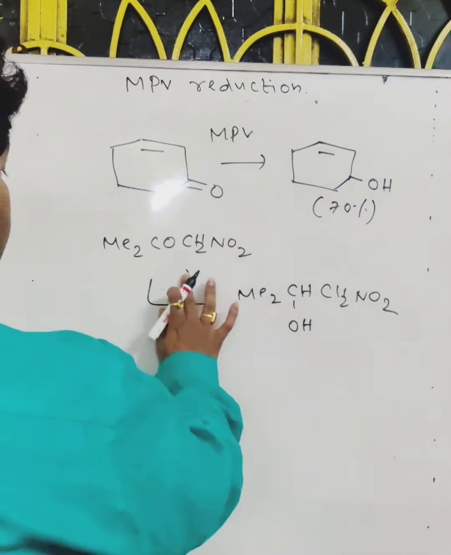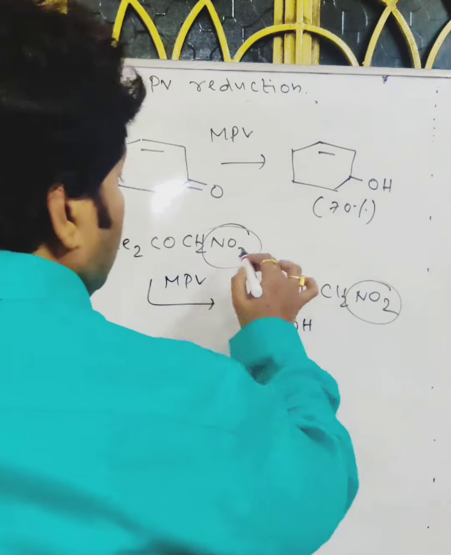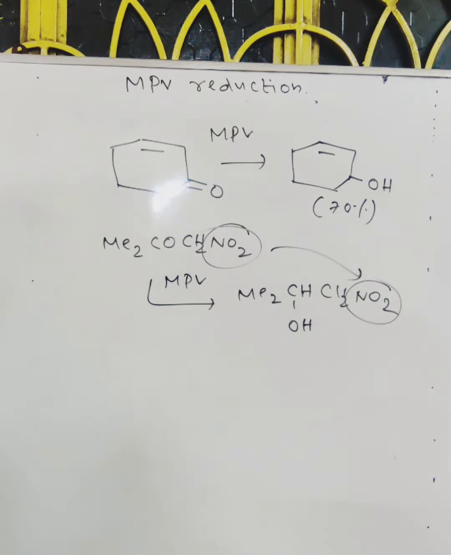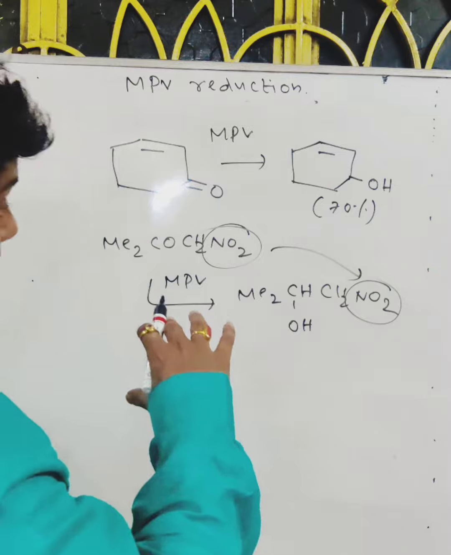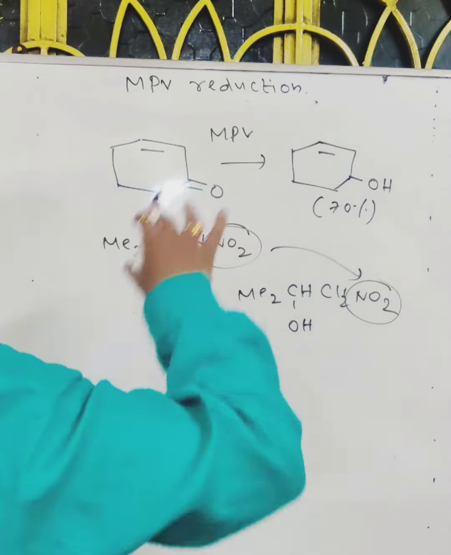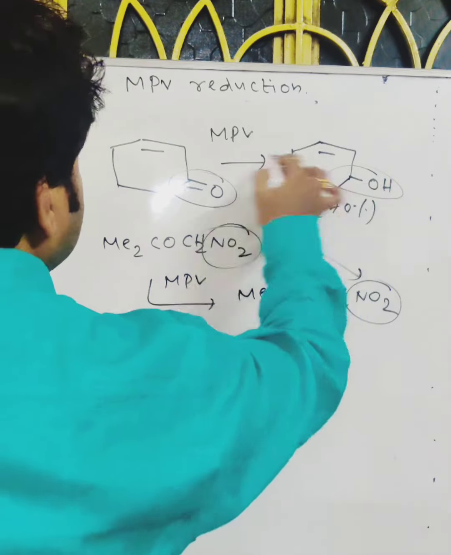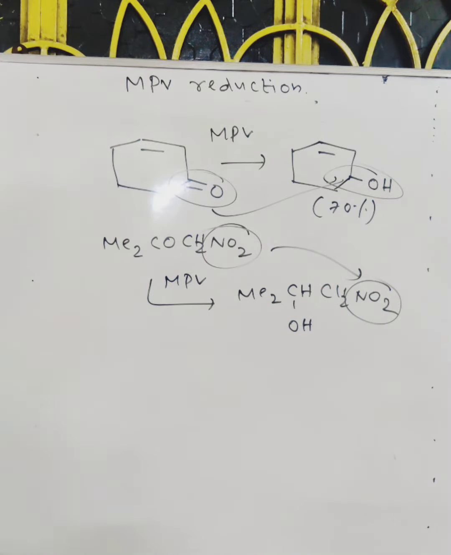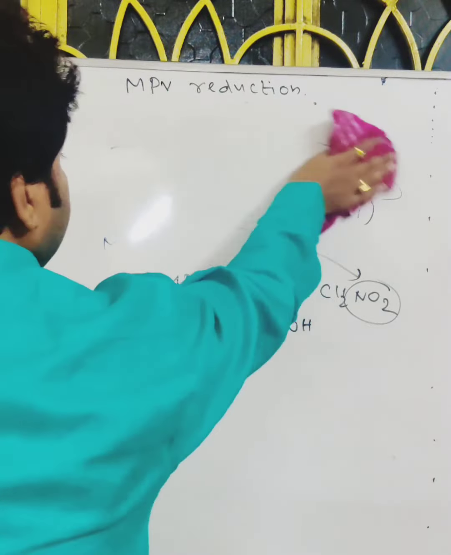Yes, undoubtedly this will again be the MPV reduction. This NO2 is not going to be hampered. So write down that if you have different reducible groups, even then MPV is not going to harm them. That means it is only concentrated on this. Correct? So this is the synthetic use of this MPV reduction.